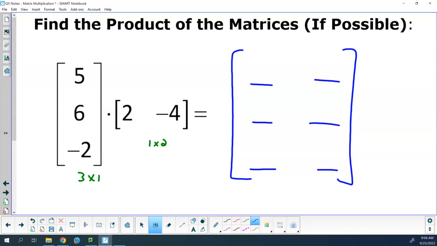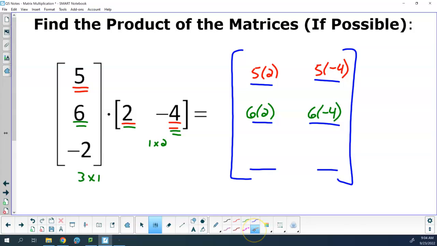So I take row 1, column 1. That's 5 times 2. Row 1, column 2. That's 5 times negative 4. Row 2, column 1. 6 times 2. Row 2, column 2. 6 times negative 4. Row 3, column 1.